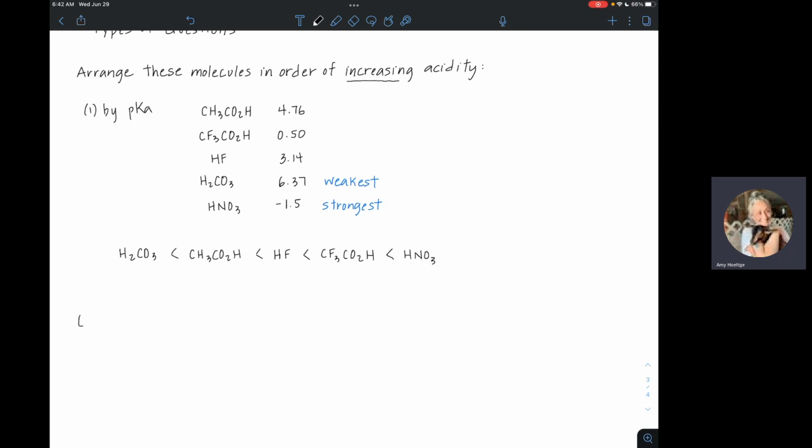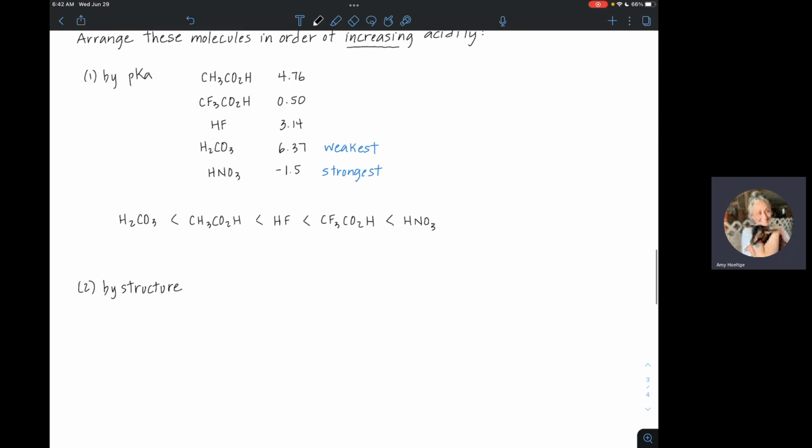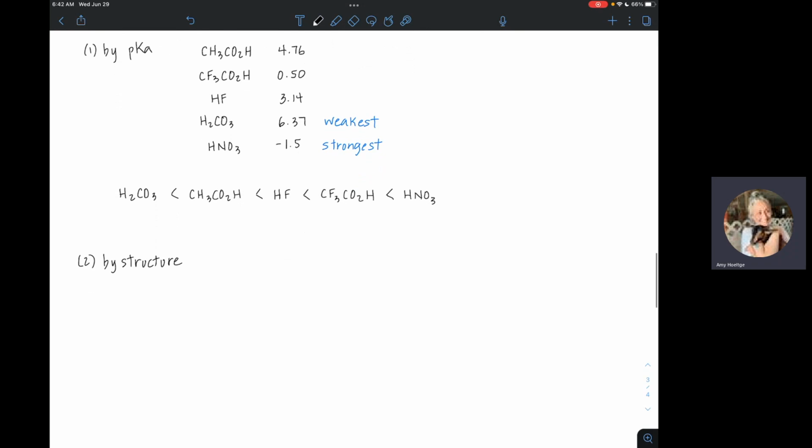Another way we can do this, we can do it by structure. If you're not given pKa values, I mean, you can always look them up, and we usually do. It's better to do things quantitatively, right? But qualitatively, if you're just in the lab and you're like, hey, I've got 3 acids.